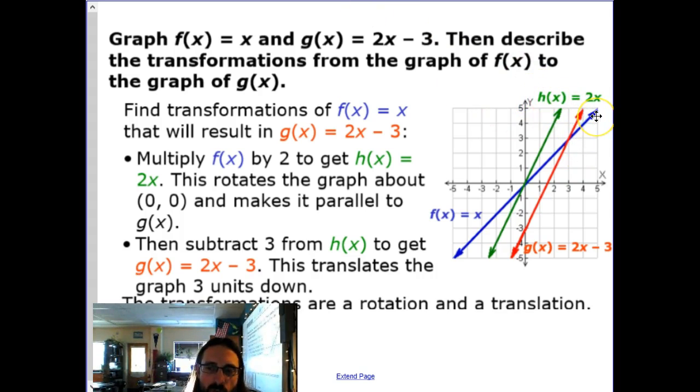What do you have to do? Well, you make the slope much steeper. So you rotate it there, and then you shift it down 3 units. So you went from passing through the point 0, 0 to passing through the point 0, -3. So what did you do? Well, I first of all made it steeper. I rotated it steeper, and then I shifted it down 3 units.